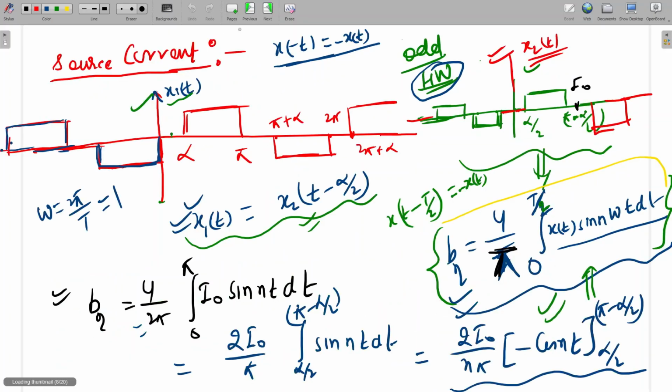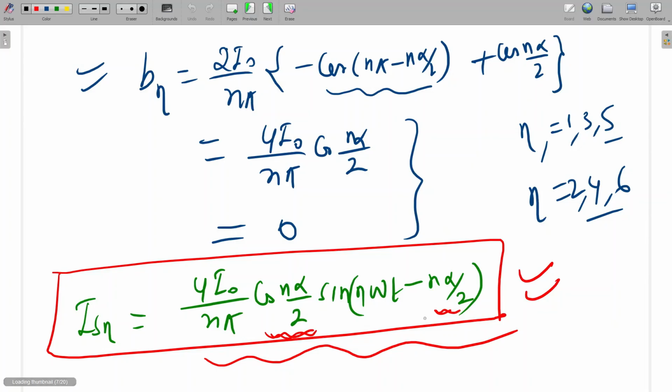Why alpha by 2? The fundamental sine wave will be from here, and since it is shifted by alpha by 2, this will be alpha by 2. Already we have derived this Fourier, so getting the Fourier means it is shifted by alpha by 2. Why alpha by 2 is clear from the Fourier equation.